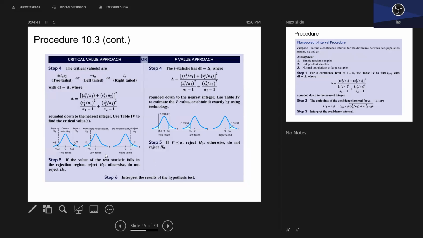Steps 4 and 5 have two different approaches, right? The left side is the critical value approach. And the same as before, we have rejection regions and non-rejection regions, and those are solely related to the type of our alternative hypothesis. To find this, when we fix our alpha, we use the table to figure out the t-score.